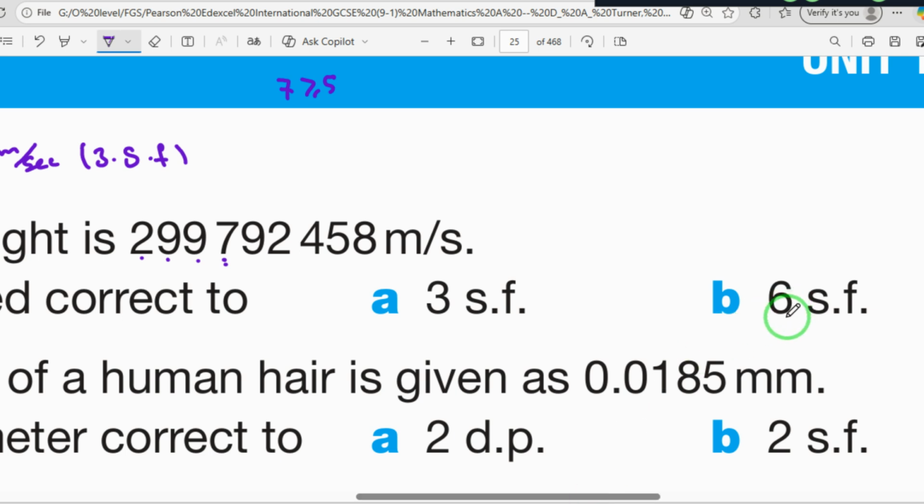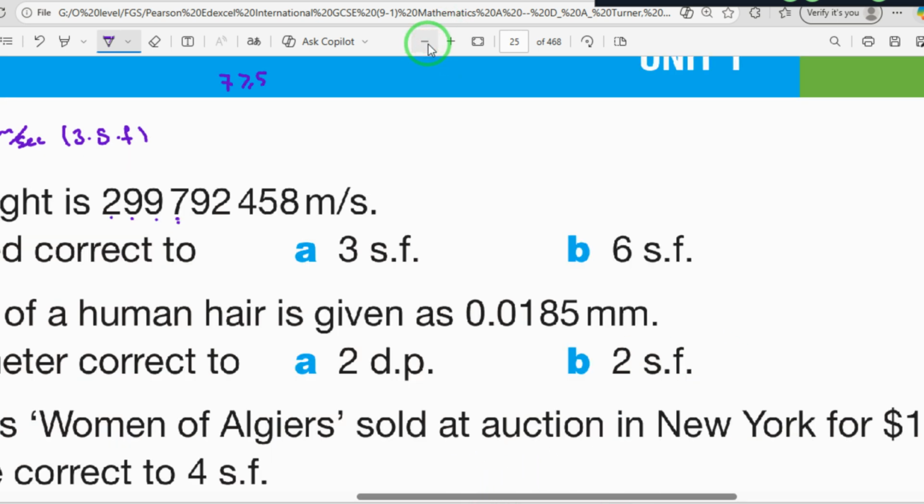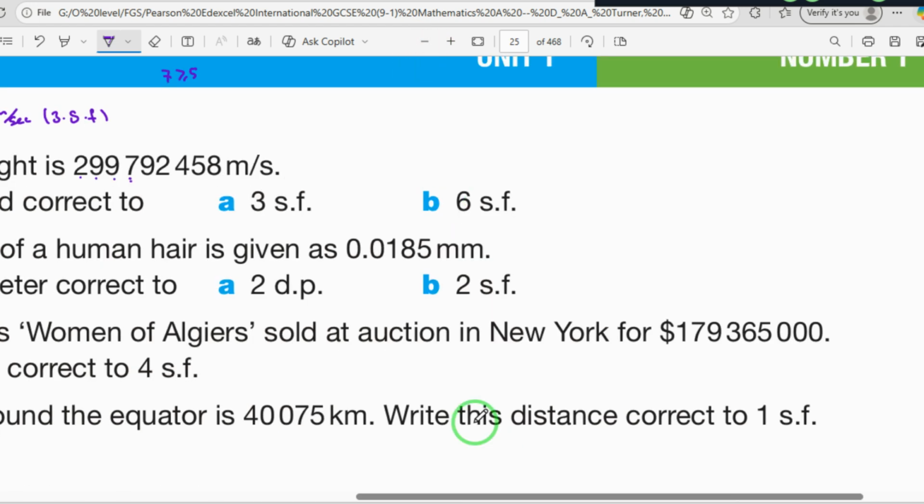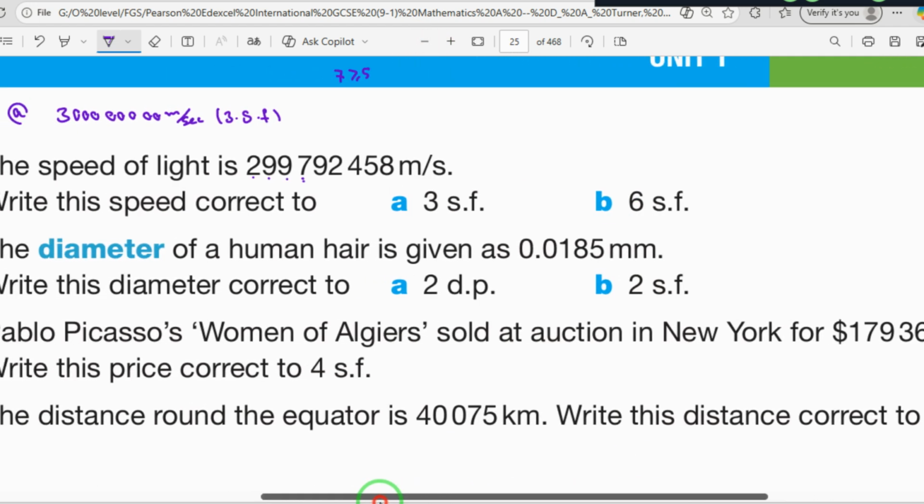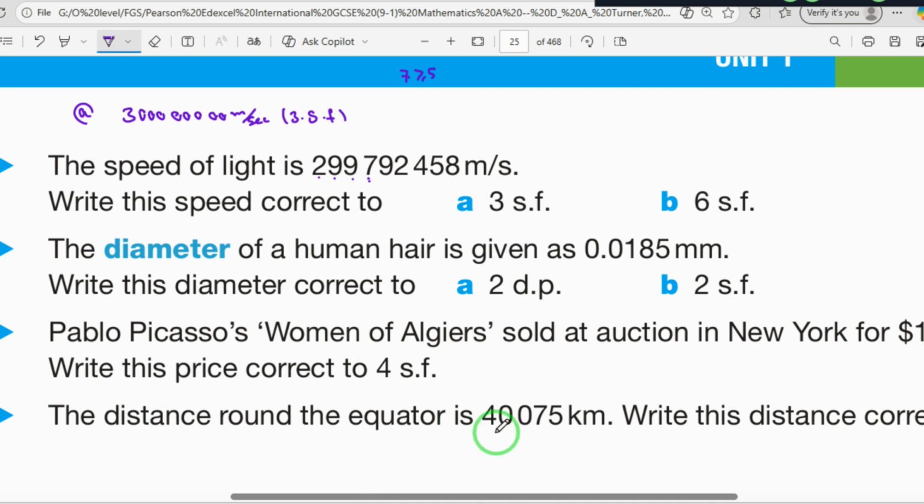Part B said 6 significant figures. So we count from left to right 6 digits, 1 2 3 4 5 6.